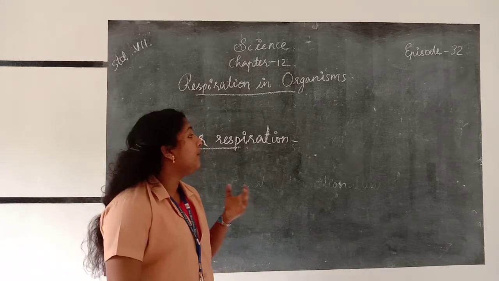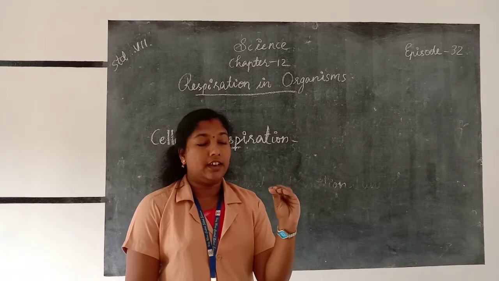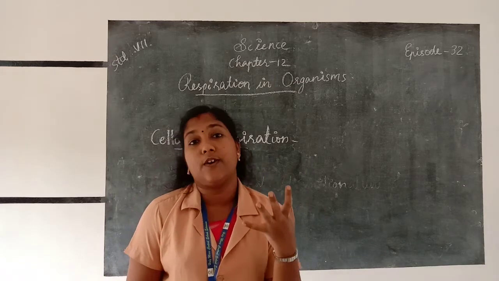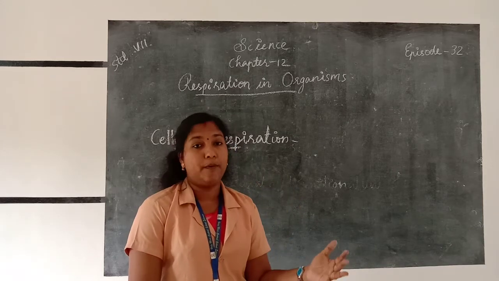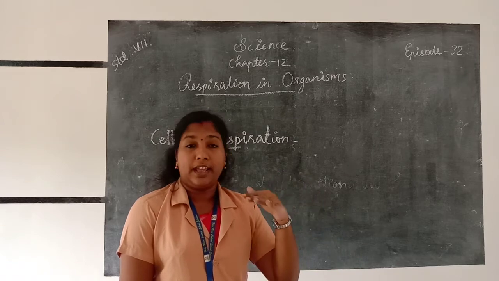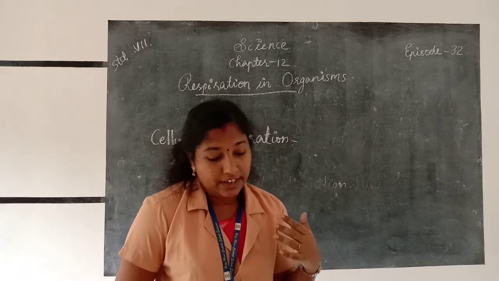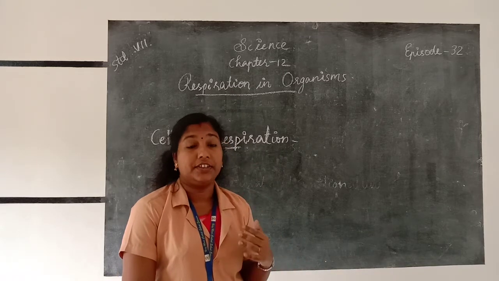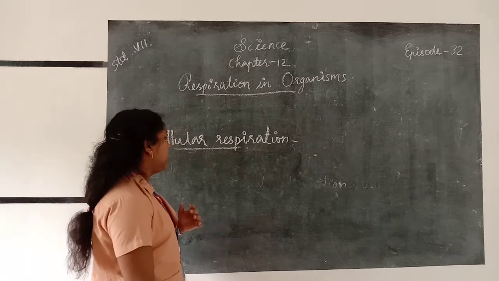We know that the food breaks down in the presence of oxygen. So with the help of oxygen, the food is broken down in the cells and it will release energy. That process is called cellular respiration.